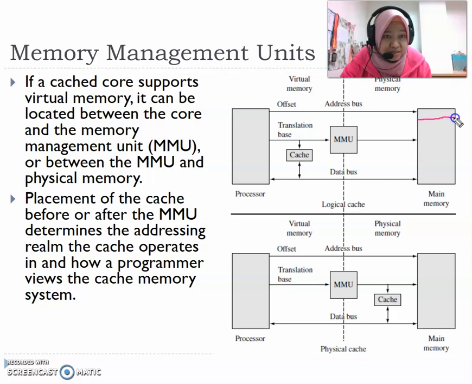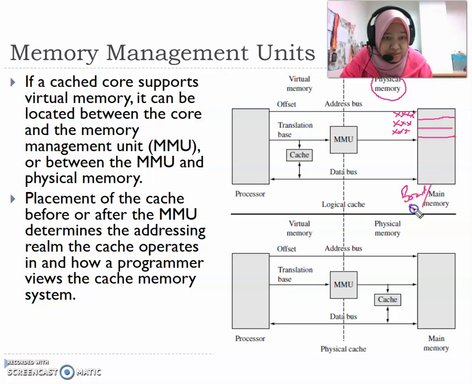We usually draw the space like this, with its own addresses over here, and this is what we call the main memory. Usually it is the physical memory available on the board or on the system itself.